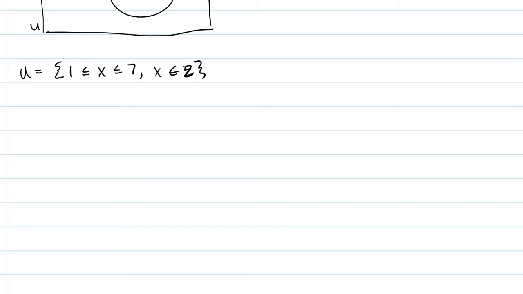And recall from our previous lessons, this says that our universe contains the numbers 1 to 7, inclusive because of the equal signs, and that those numbers are from the set of integers, which means we're just talking about the numbers 1, 2, 3, 4, 5, 6, and 7. We're not talking about fractions or decimals that are in between those numbers. So this is a finite set.